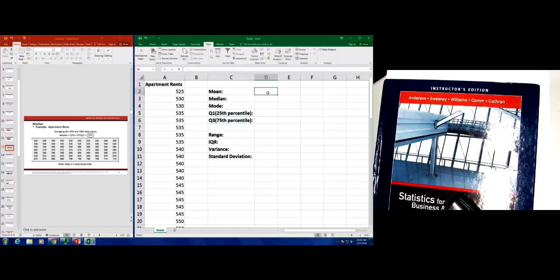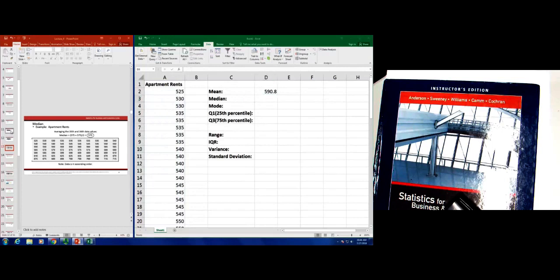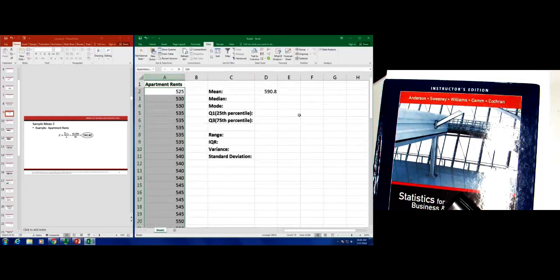How do we calculate the mean? Which Excel function do we use? We simply use the function AVERAGE. So hit equal, average, and you select the data. It gives $590.8. Or you can select this data and give a label to the data. For example, do you see A2 here? Instead, you can say apartment rent, and we don't have to select it each time.